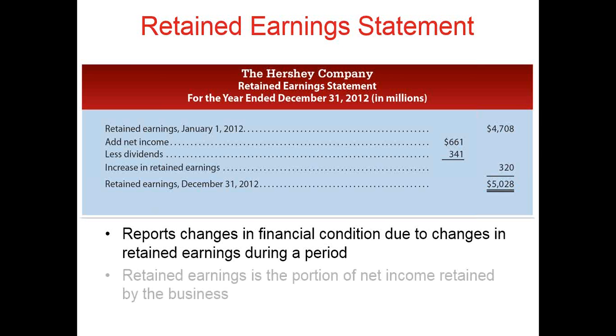The company is taking some of its profits and giving it to the owners of the company. Retained earnings is what we've kept in. So if you look at this statement, we had net income of $661. We paid $341 million, I believe, to our stockholders, and we kept $320 in the company in order to build buildings, buy new equipment. It's profits that is retained.